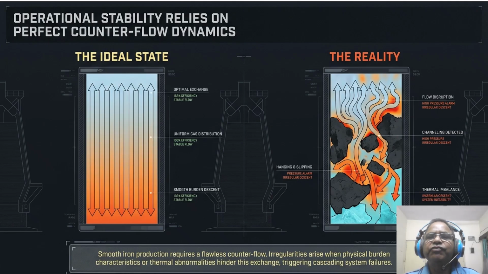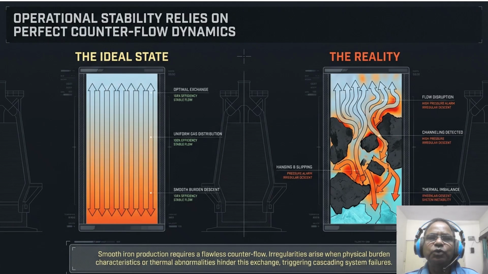This represents flawless counterflow. The gas rises uniformly, exchanging heat and oxygen with the burden descending at a steady, predictable rate. Now look at the reality on the right.